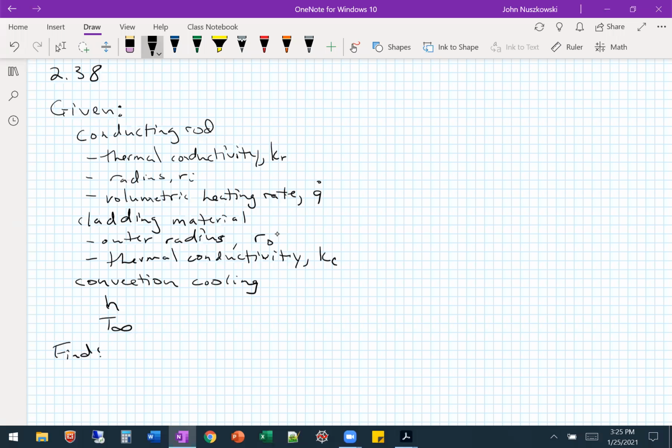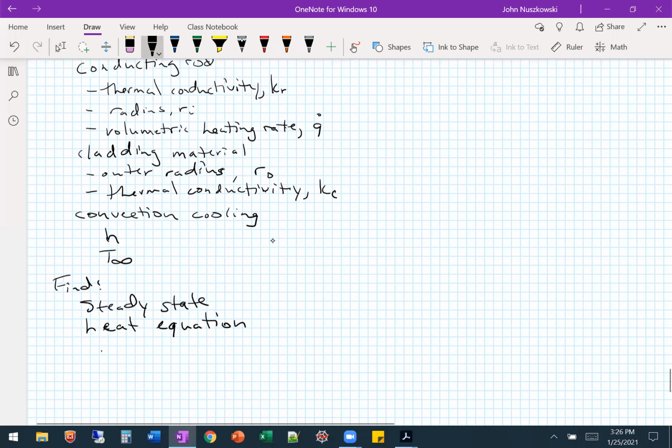And then they give us a schematic, which I'll draw in a minute. They want us to find, for steady state, the heat equation for the rod and the cladding, and then express appropriate boundary conditions for the solution of these equations.